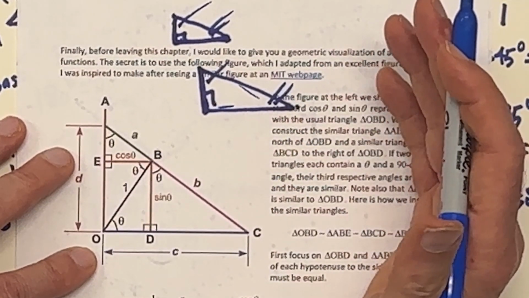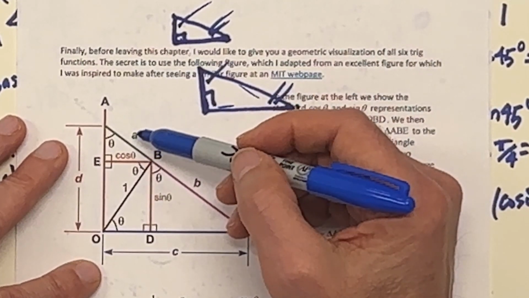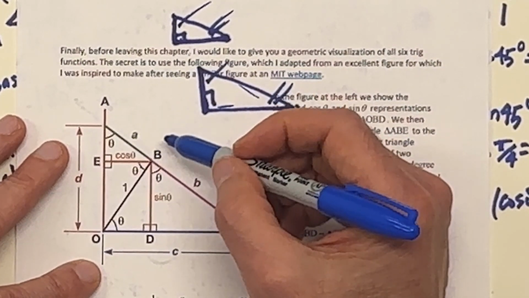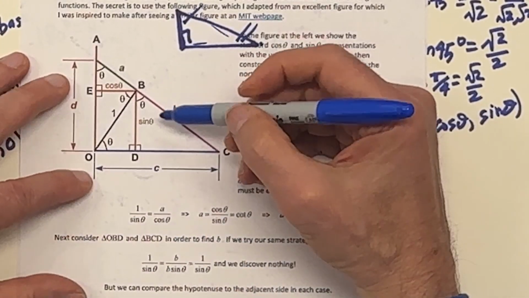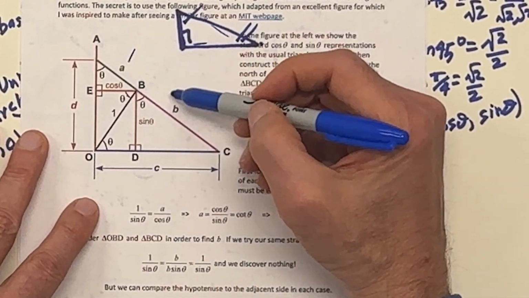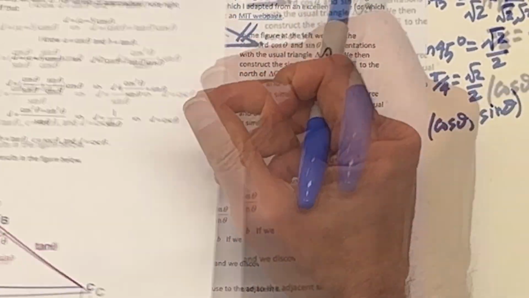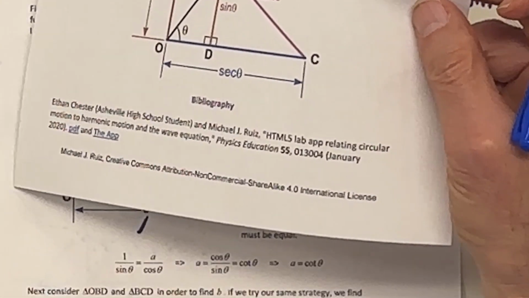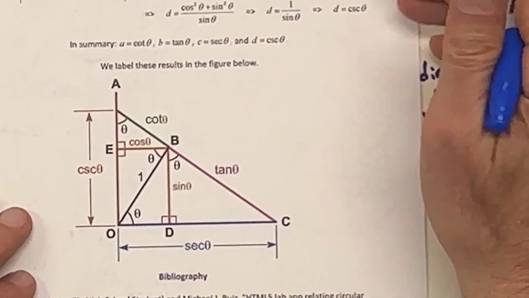Many similar triangles here. I'm going to have you work this out on your own by looking at the book, where I show you in detail by similar triangles that when we find A, B, C, and D, guess what we get? This is an amazing result. What we get here is the big six.